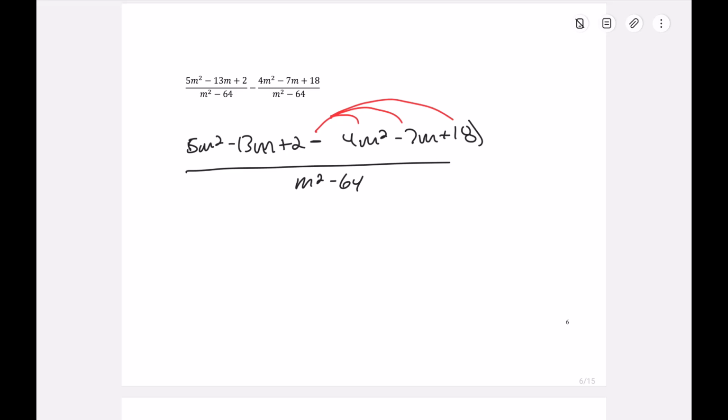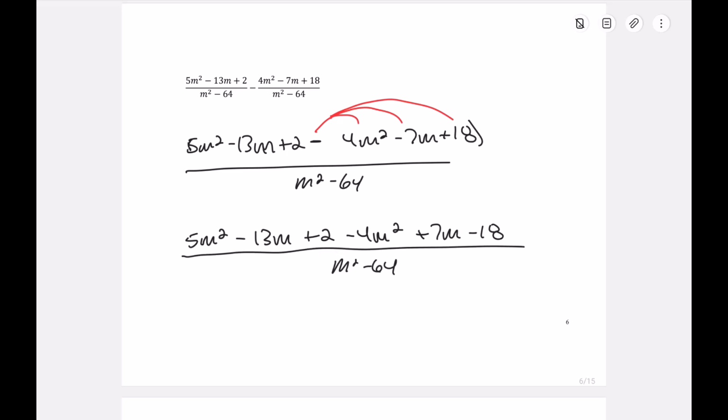And so we would get 5m squared minus 13m plus 2 minus 4m squared plus 7m minus 18. If we combine like terms in the top, we would get m squared minus 6m minus 16 all over m squared minus 64.